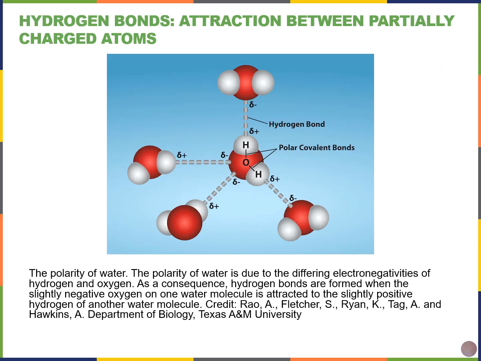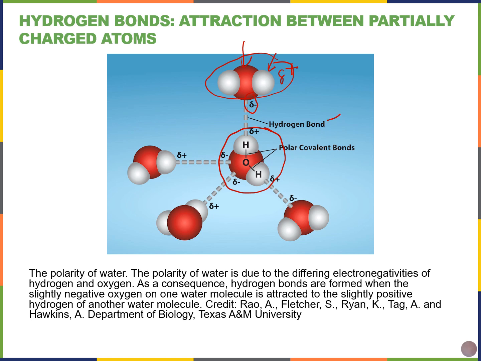Here's an image showing several hydrogen bonds. We saw that the bond between oxygen and hydrogen is polar covalent, where oxygen is partially negatively charged and hydrogen is partially positively charged. Here's one water molecule, and another water molecule close by.